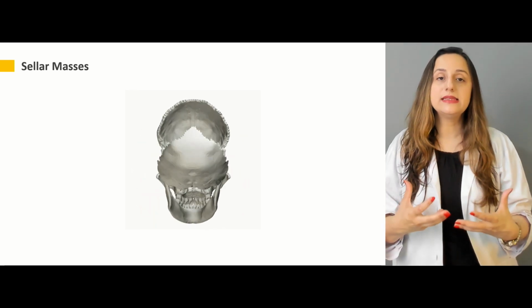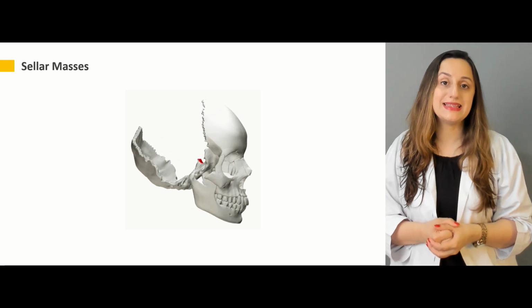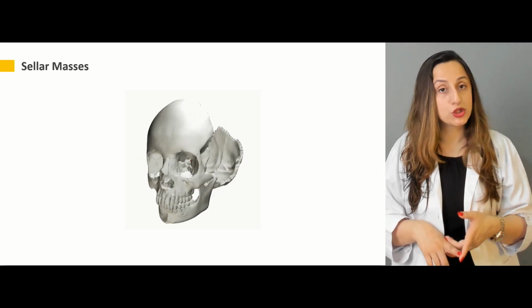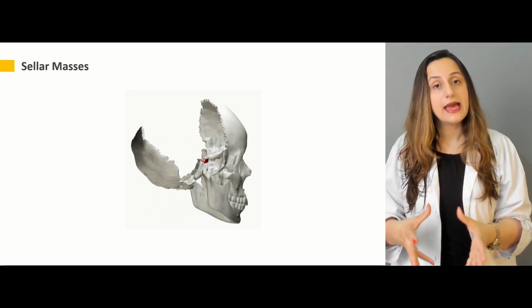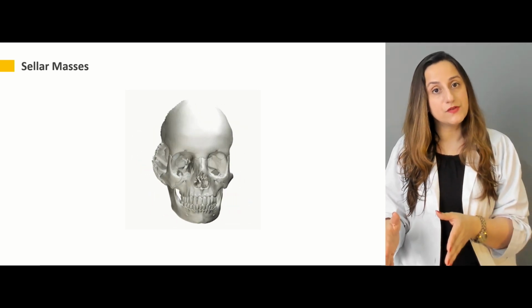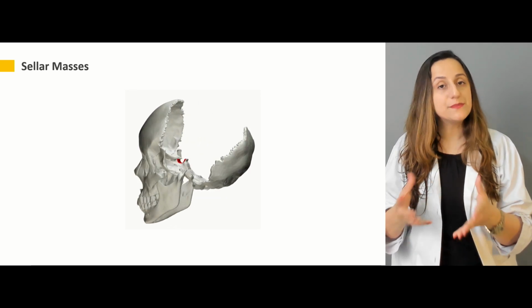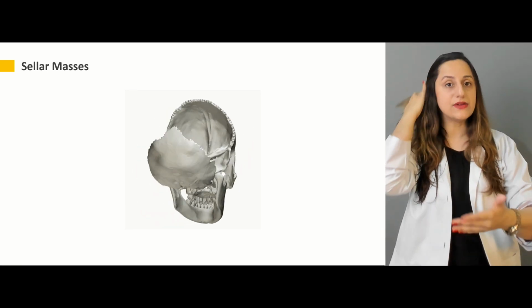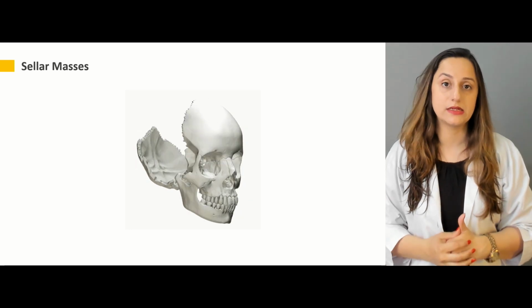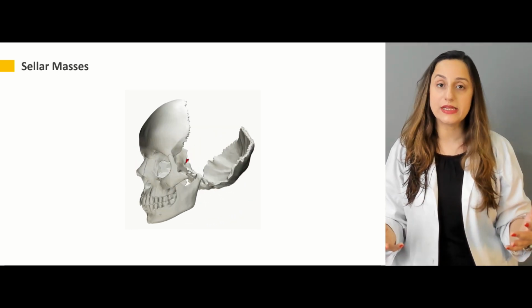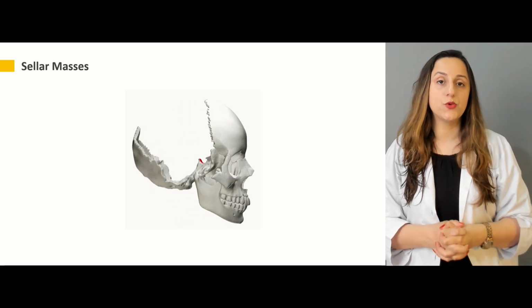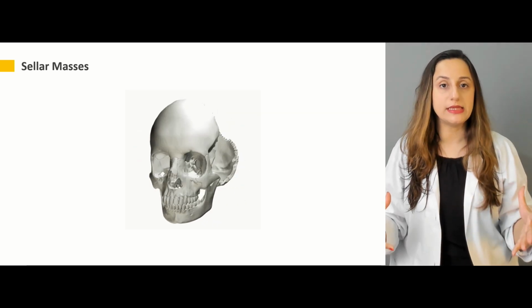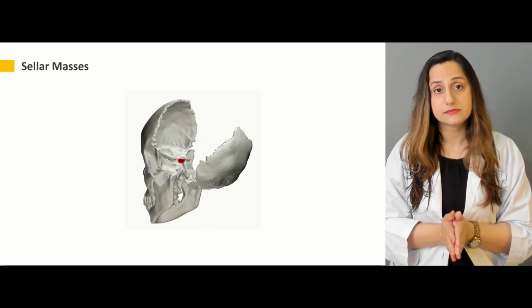It is carrying the major cranial nerves: the third, the oculomotor nerve; the fourth, the trochlear nerve; and the sixth cranial nerve, the abducens nerve. They have their own functions, and the sellar masses sometimes also cause pressure symptoms on the cavernous sinus.